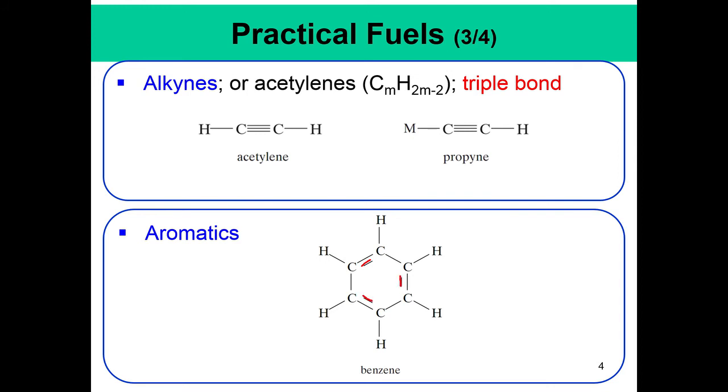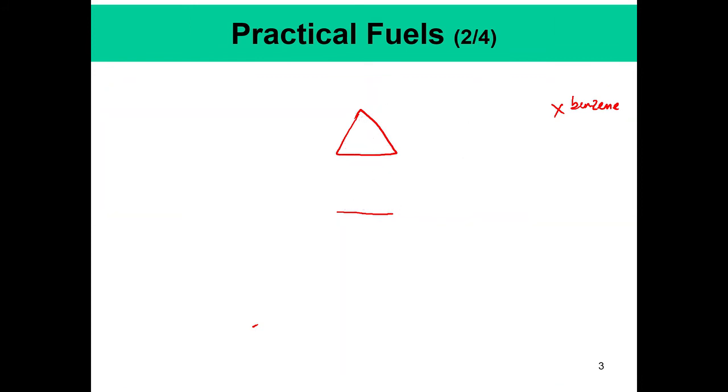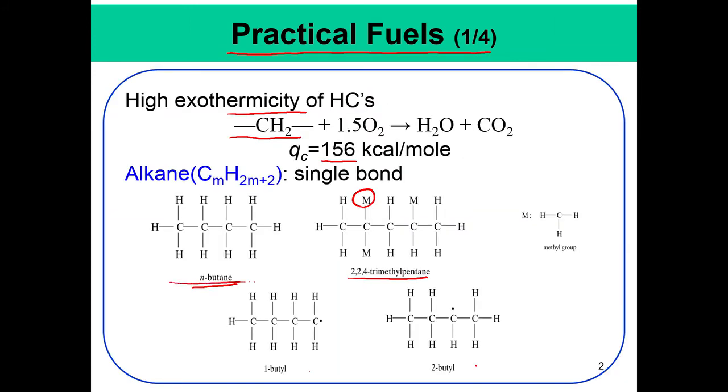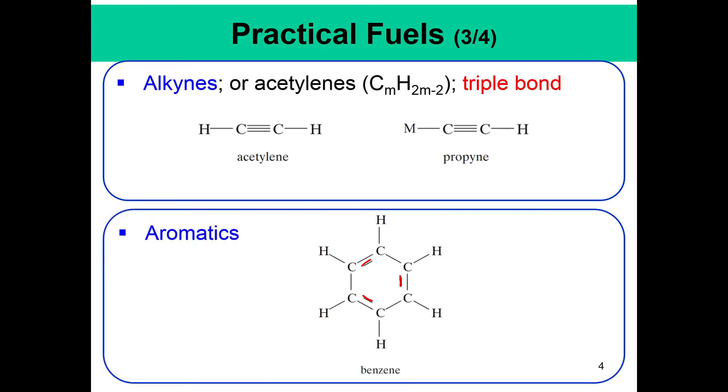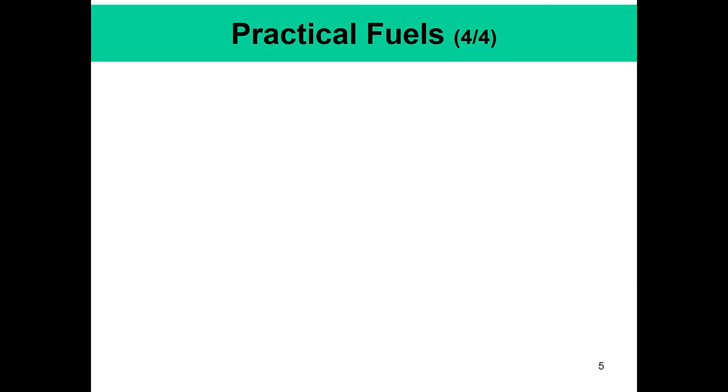Now, we will soon realize that even if you start with simple molecules like alkanes, like n-butane, because of the complexity of the reactions, different species and radicals will be formed, and in some cases even aromatics will be formed. When we go into soot chemistry, the formation of soot, we will see that these aromatics play a very important role.